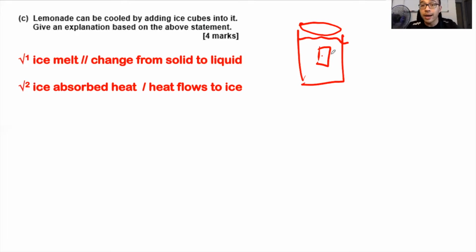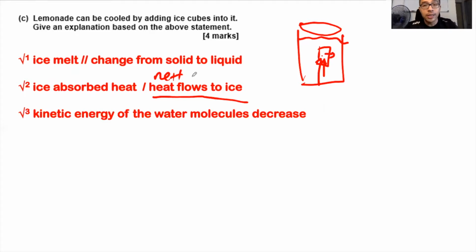It will be the ice. More heat will go into the ice than the heat that goes out from the ice. So we say that it is as if the heat flows to the ice. Actually an even better answer, the net heat flow is towards the ice. The ice absorbs the heat from the water, from the lemonade.